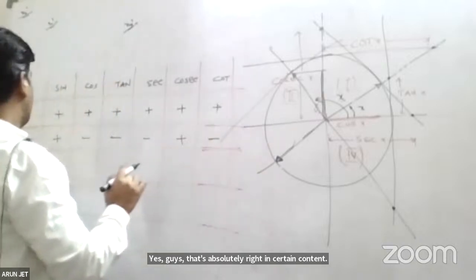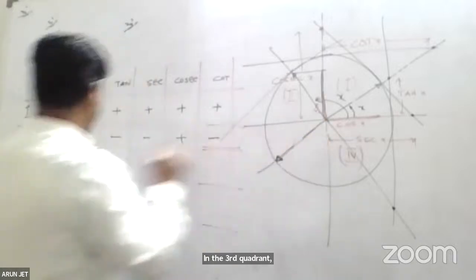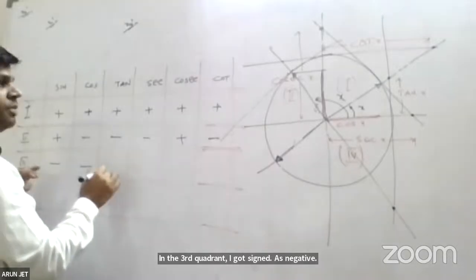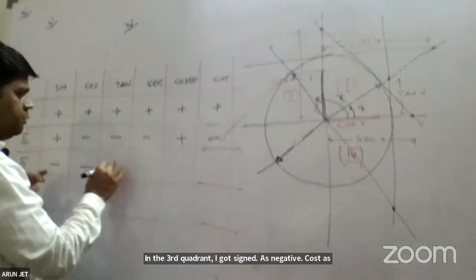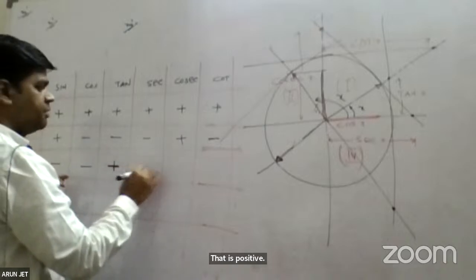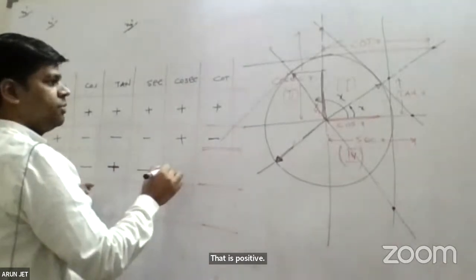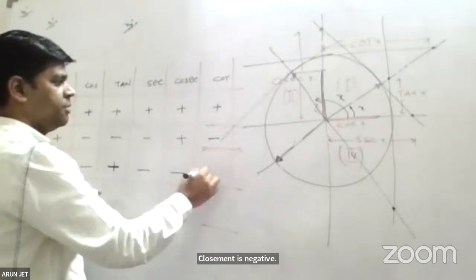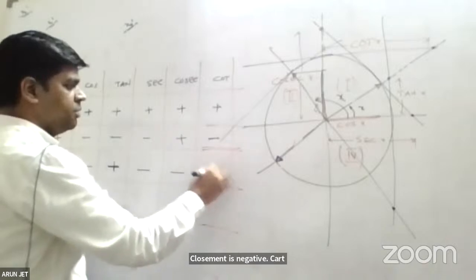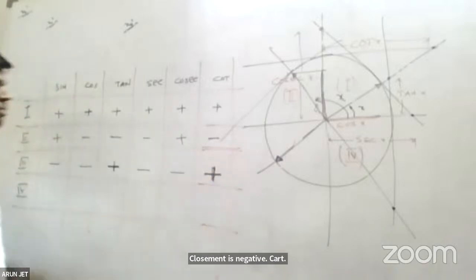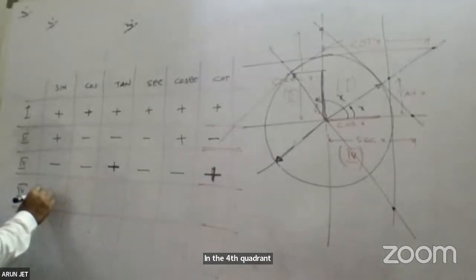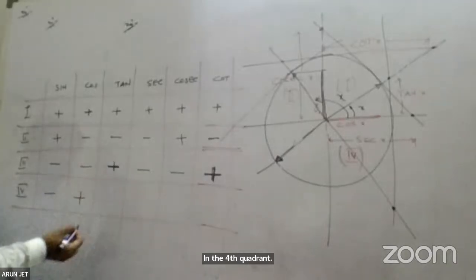In the third quadrant, I've got sine as negative, cos as negative, tan is positive, secant is negative, cosecant is negative, cot is positive. In the fourth quadrant, sine is negative, cos is positive.